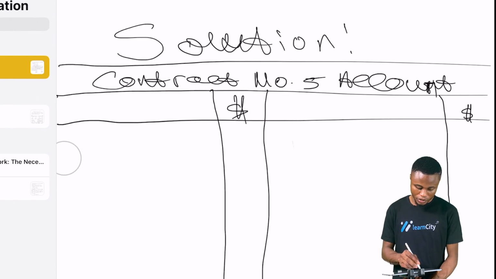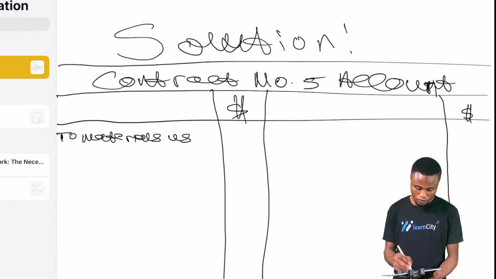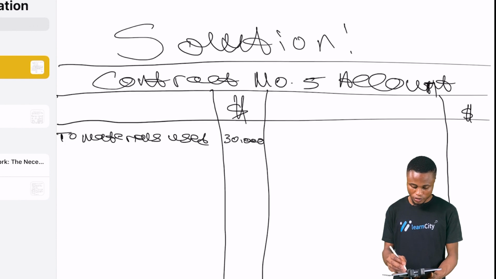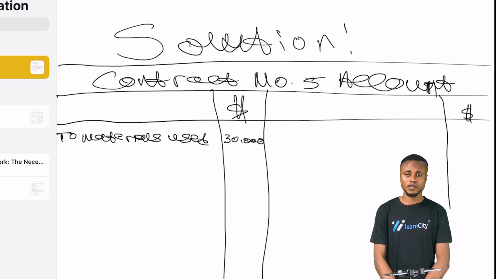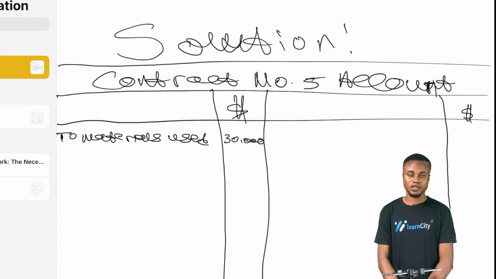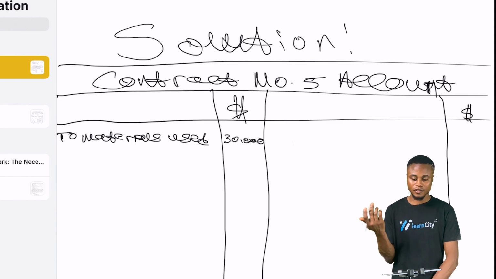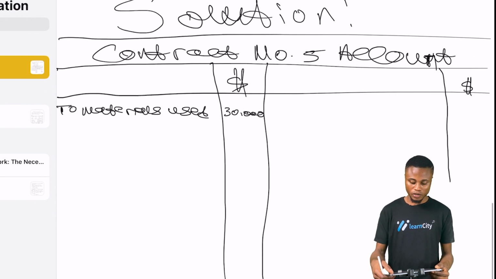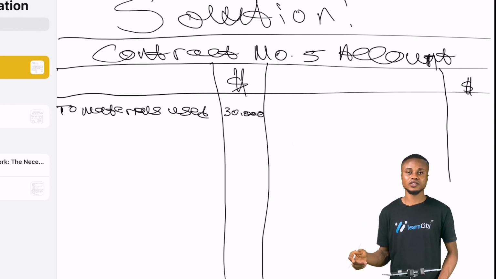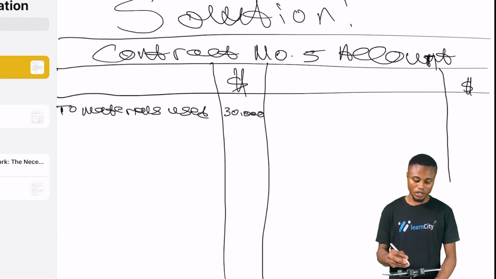Sorry, let me rewrite this. So material used $30,000. Of course, we solved that in the first one. And the next one is the production wages. The wages that are attributed directly to the production process in the contract.